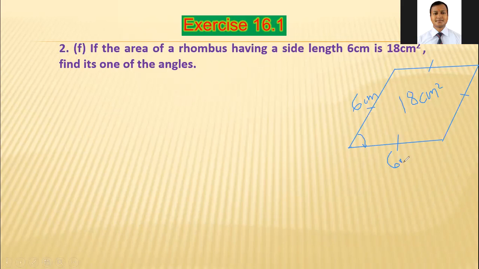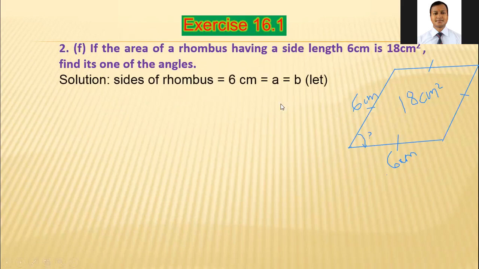And if we know the sides as well as area, we can find out the angle easily by using the formula of area of parallelogram. Area of parallelogram is product of sides into sine of angle between them. So 18 square centimeter is equal to 6 into 6 into sine of this angle. This angle we don't know, this one we have to find out. So to find out this angle, we are going to use the formula of area of parallelogram. So let's move to its solution.